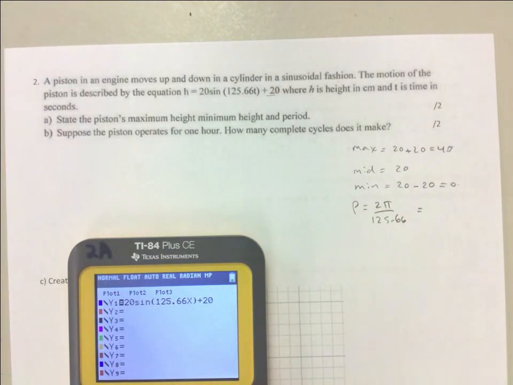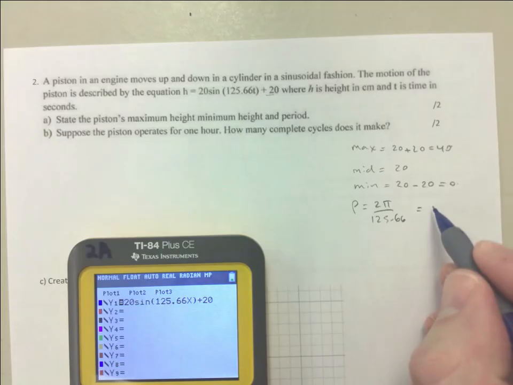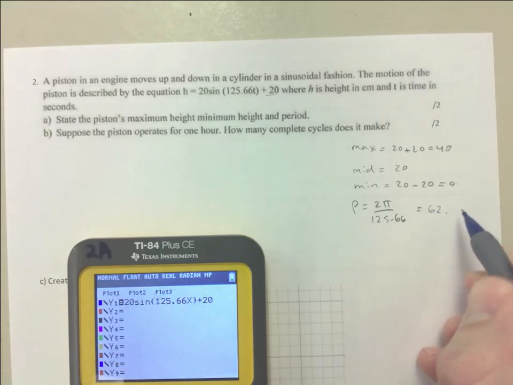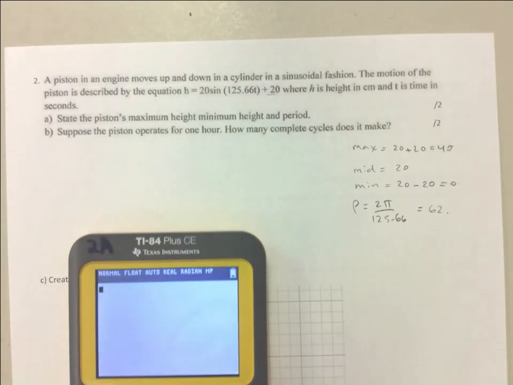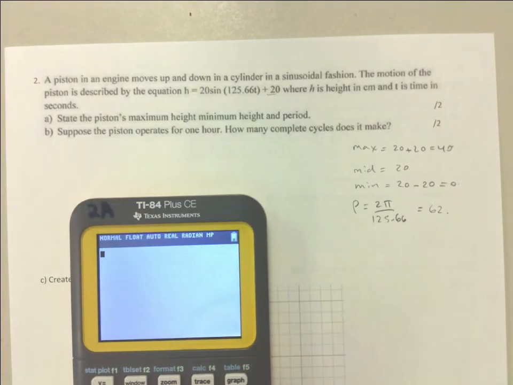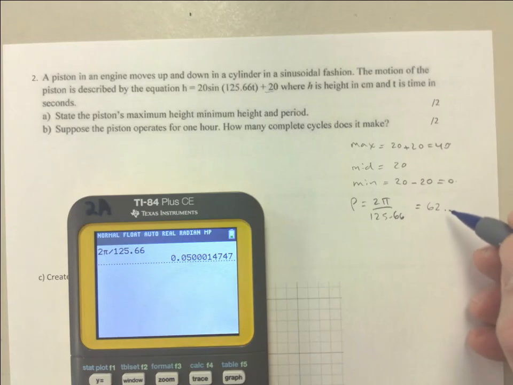Finally. That gives me 62.83 seconds. This is the wrong one. Never mind. It looked the same at the beginning, but it's 2 pi. I'll figure it out. 125.66.